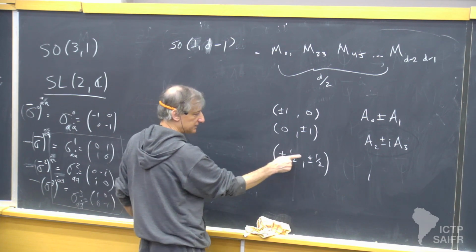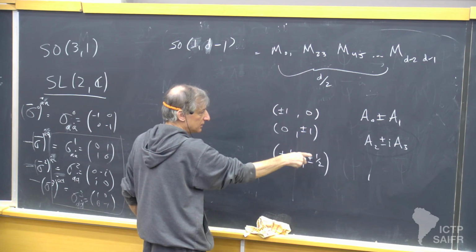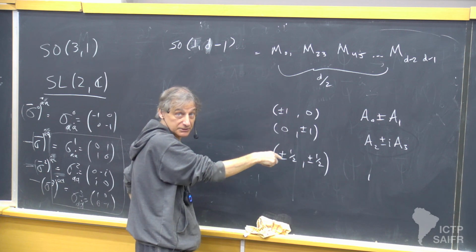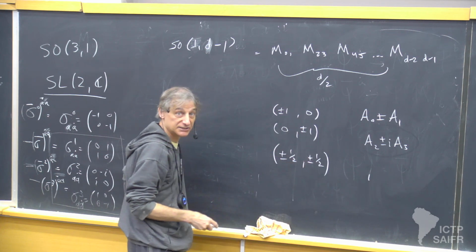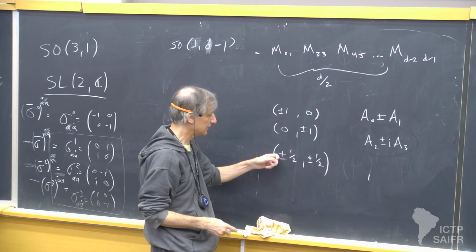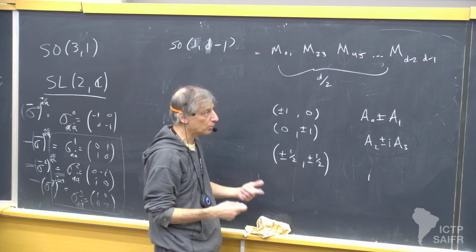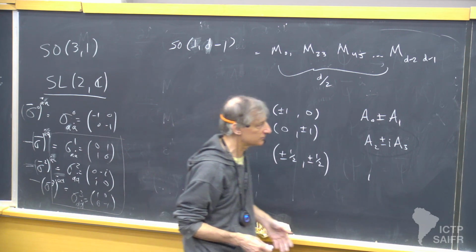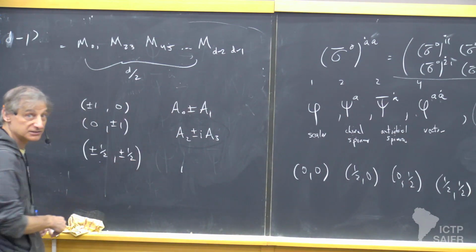They always have to be plus or minus a half with respect to any rotation, so it can never be 0. And you see there are 4 different possible combinations: plus a half, plus a half; plus a half, minus a half; minus a half, plus a half; minus a half, minus a half. So the 4 components, the 2 complex components of psi, or 4 real components, are described by these choices.